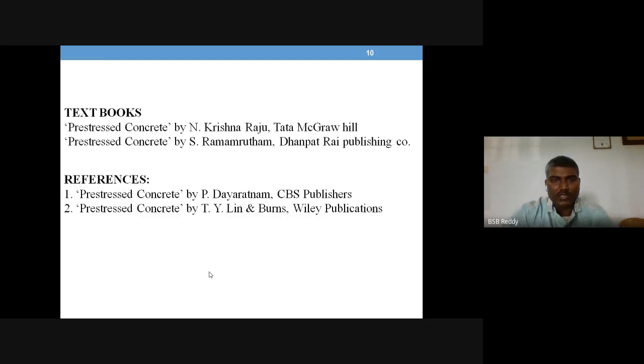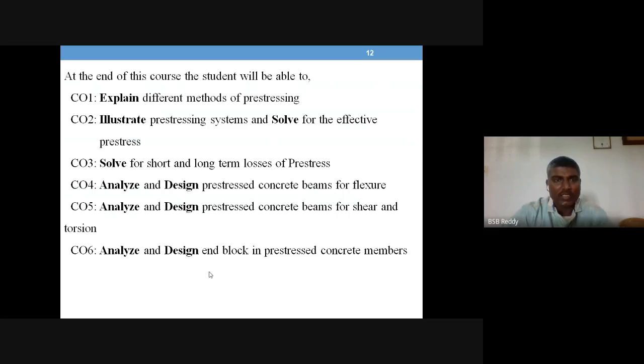The textbooks that you have to follow, prescribed by JNTUK Kakinada, are by Krishnaraju and Ramamrutham. There are reference books also, Dayaratnam and Lin and Burns. So these are the course outcomes which I explained in the last session.